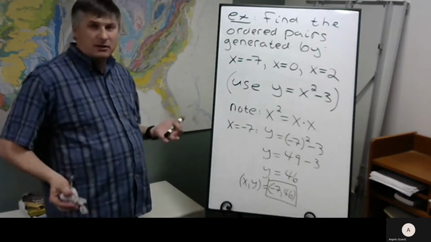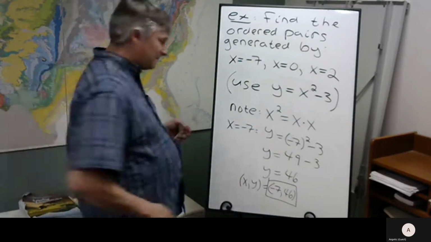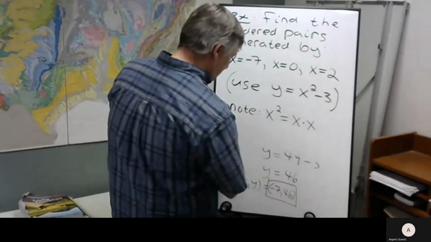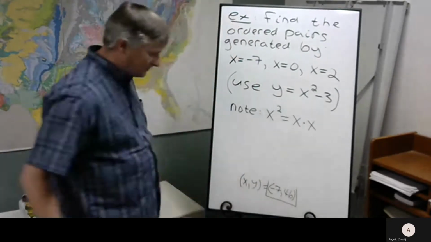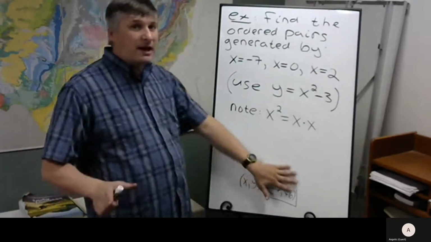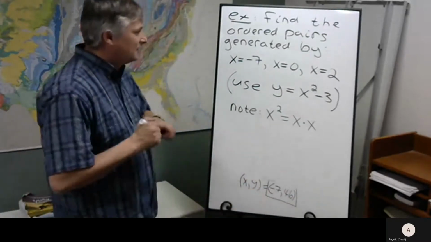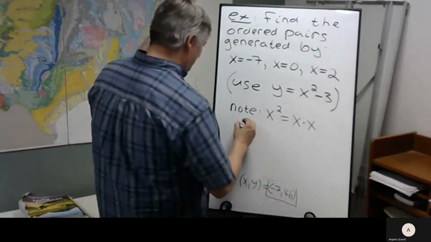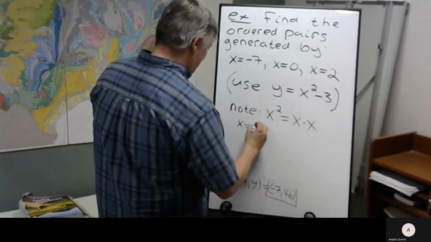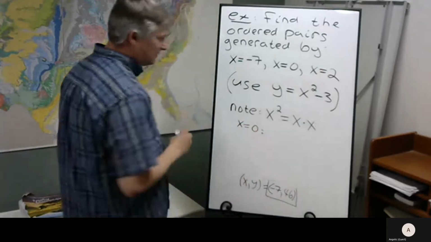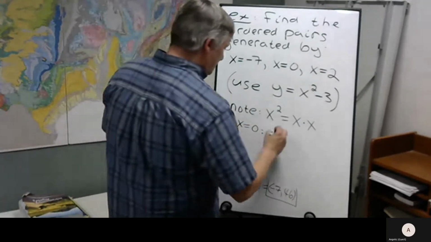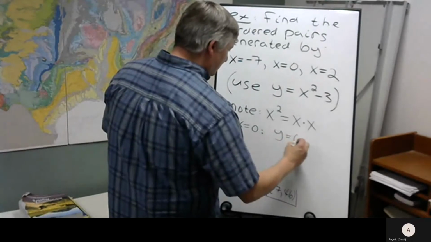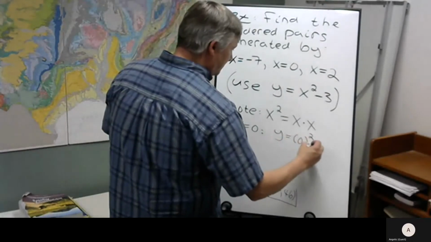Now let's generate another one. Let's try when x is 0. If I'm erasing too fast, please let me know. So this will be y. We have 0 squared.